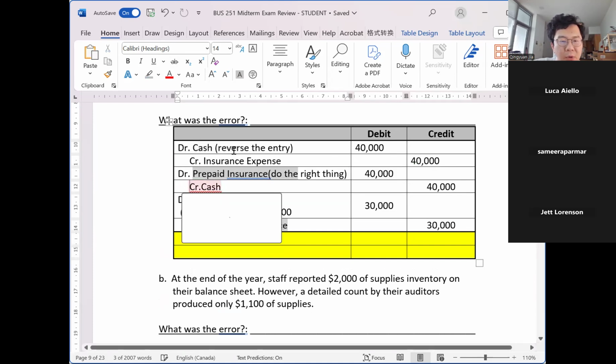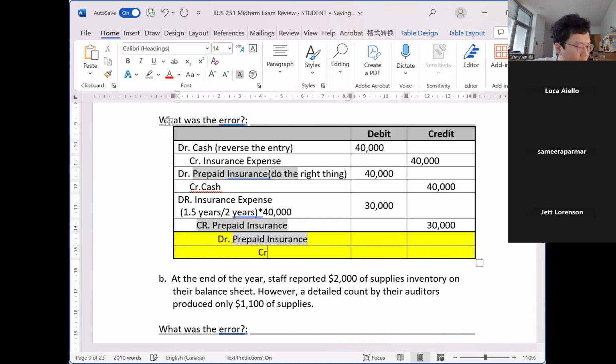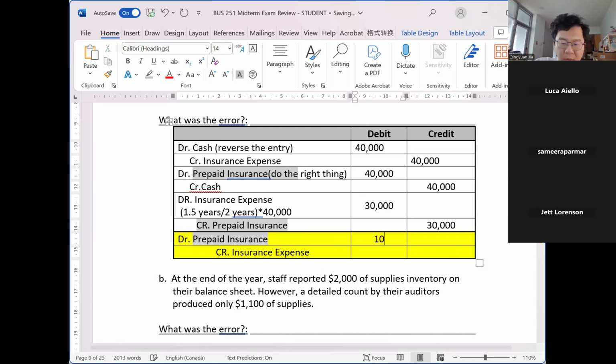So altogether, if we combine, we can have debit prepaid insurance and credit insurance expense, and this is 10,000, and this is 10,000.